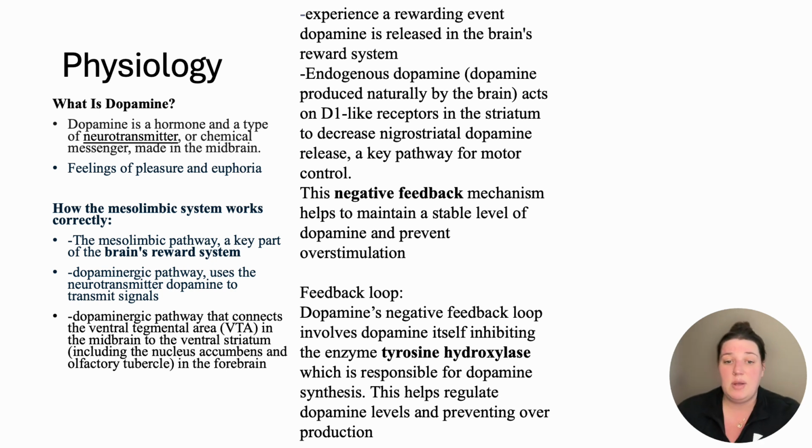Dopamine's negative feedback loop involves dopamine itself inhibiting the enzyme tyrosine hydroxylase, which is responsible for dopamine synthesis. This helps regulate dopamine levels and prevent overproduction.